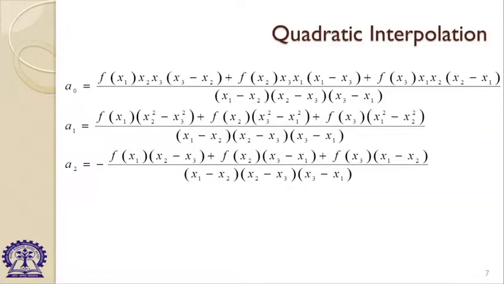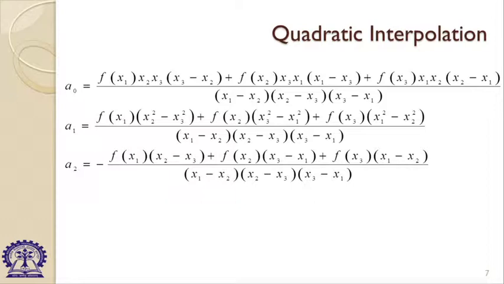From there, these are 3 equations, and with certain calculations, even by writing a program or using the software Mathematica, you can find the 3 unknowns where 3 equations are given.